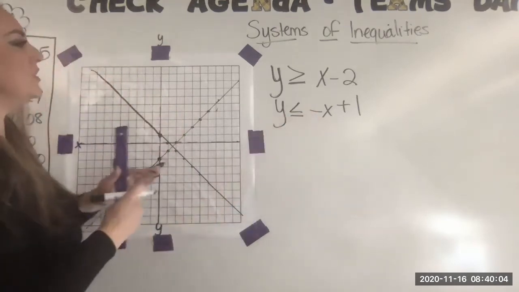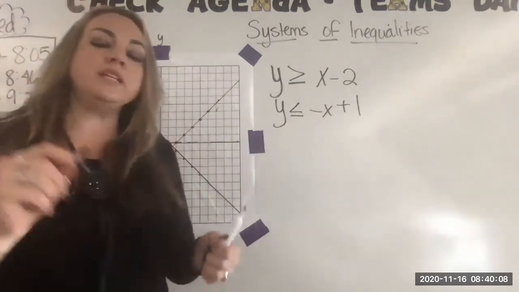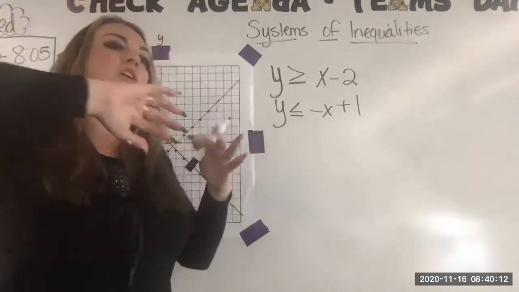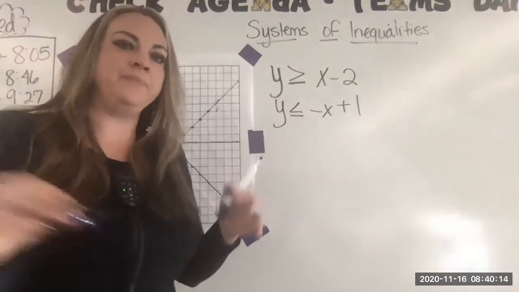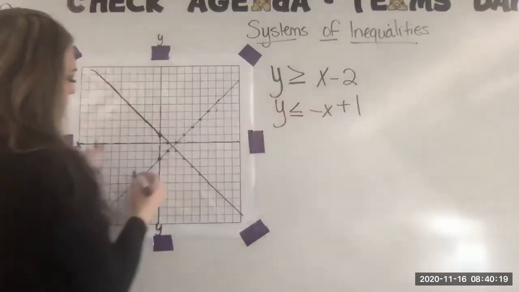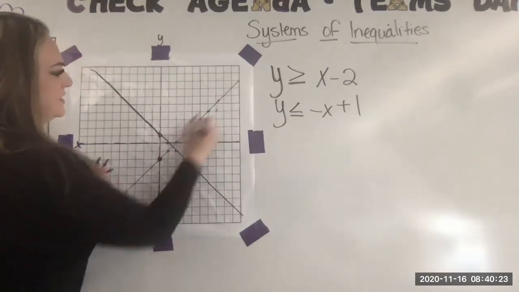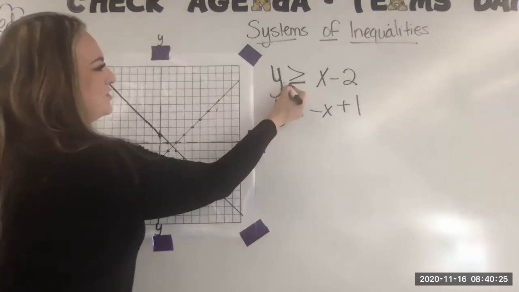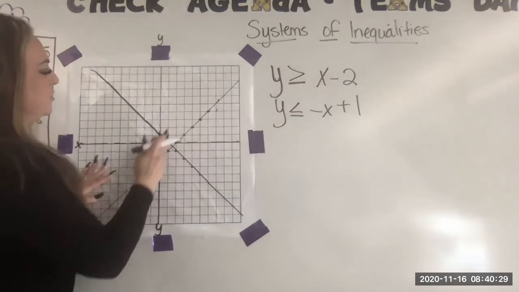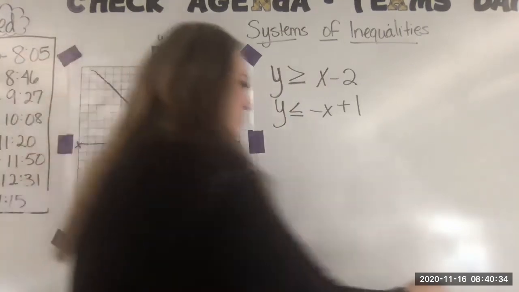Now, let's look at the solution. How do we graph a solution to an inequality? We need to shade either above or below our line to indicate that it's all values in that area. So this one is greater than this line. Here was our line with a -2 y-intercept, and we want y values that are greater than this line, okay?